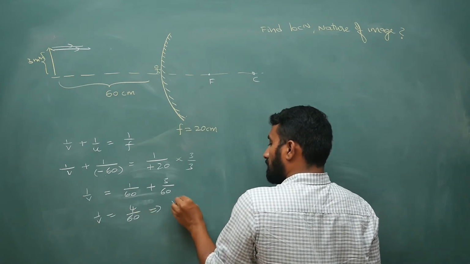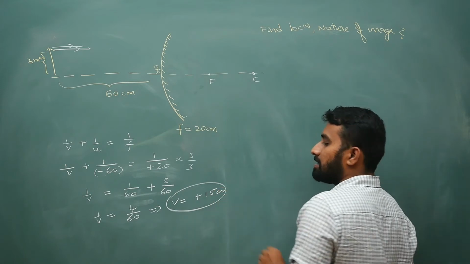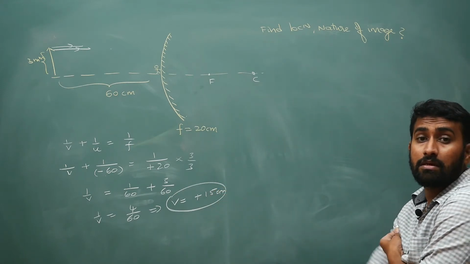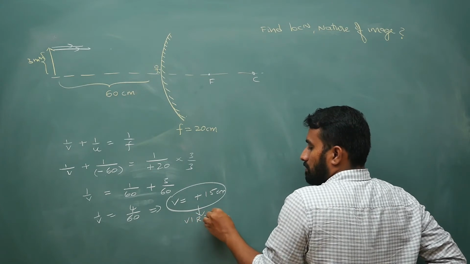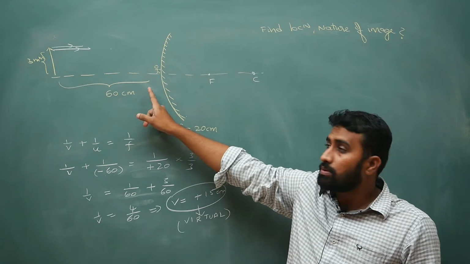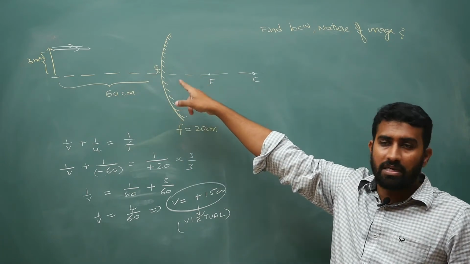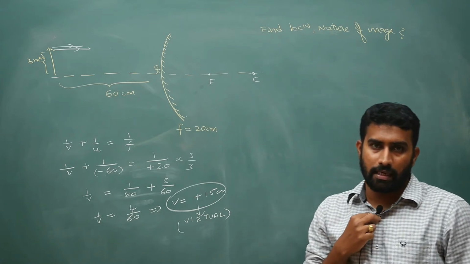From here v is plus 15. Plus 15 centimeter indicates that your image is virtual. Why is it virtual? Plus 15 centimeter will indicate that your image is formed beyond the mirror in the direction of incident ray. Positive values will indicate the direction of incident ray.